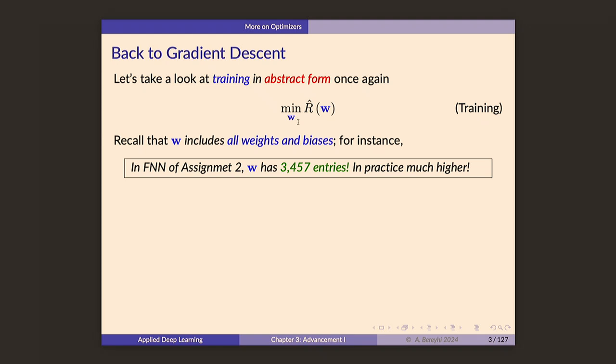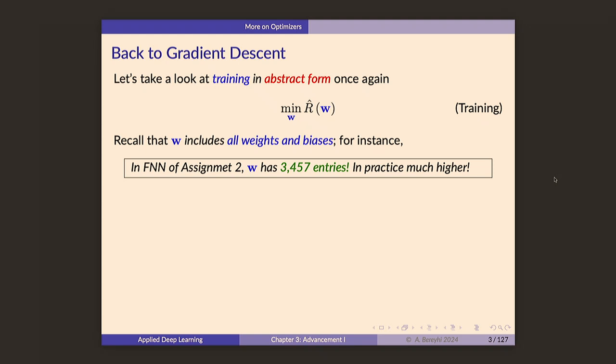So let's get back first to the original training problem. What we do in training, we always have this empirical risk. We talked about this before. We have the empirical risk, and then we are going to minimize it. And in order to do that, we are going to use gradient descent, or in reality, a stochastic gradient descent.